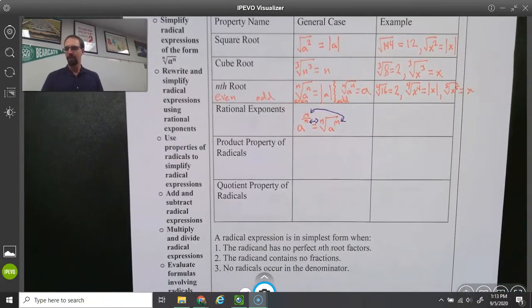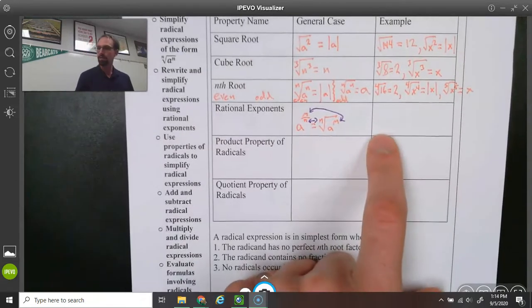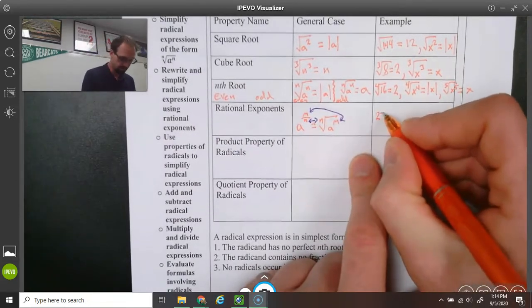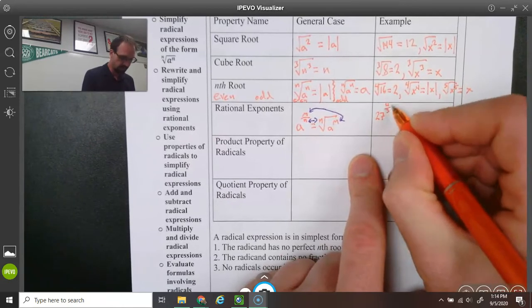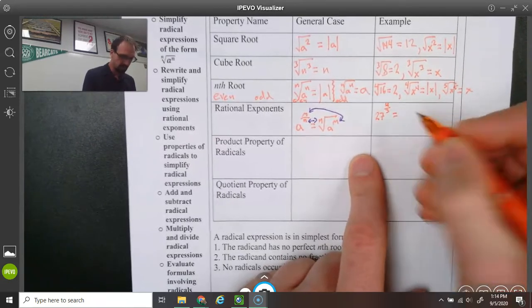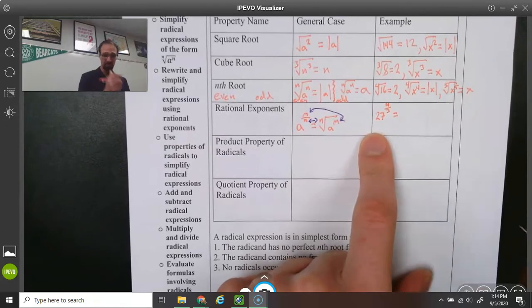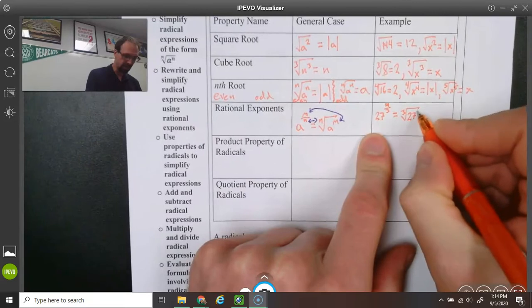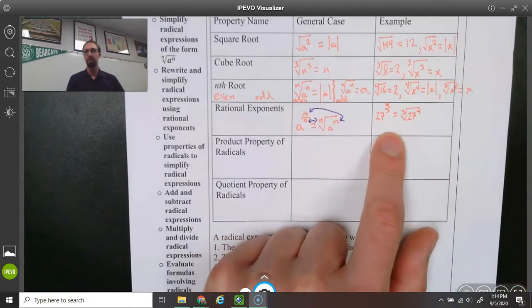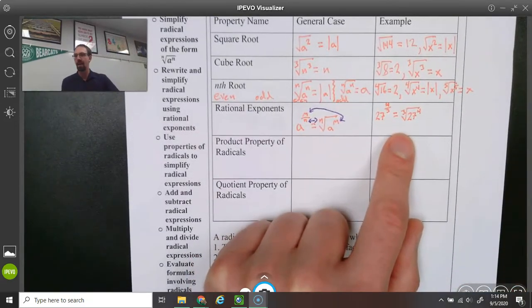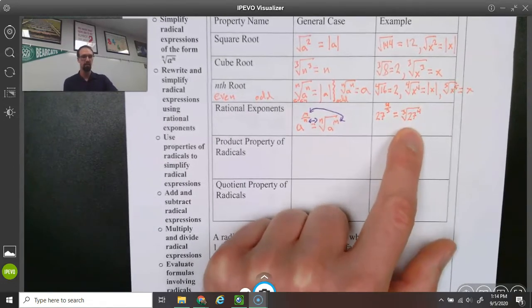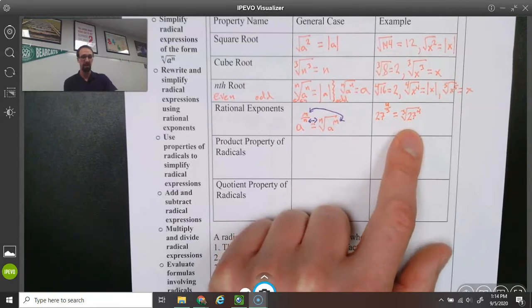So if I have, for example, 27 to the 4/3 power, another way of thinking about that is the cubed root of 27 to the 4th power. Those are mathematically equivalent. Now, this is not reduced down completely, because I could take 27, and that's 3 cubed.